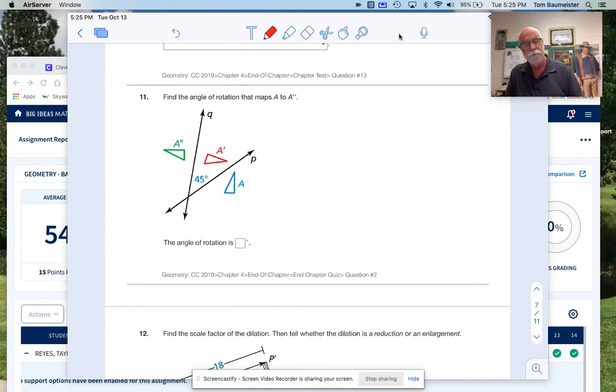Number 11. Okay. On this one here, find the angle of rotation that maps A to A double prime. So on this one here, we have 2 intersecting lines.